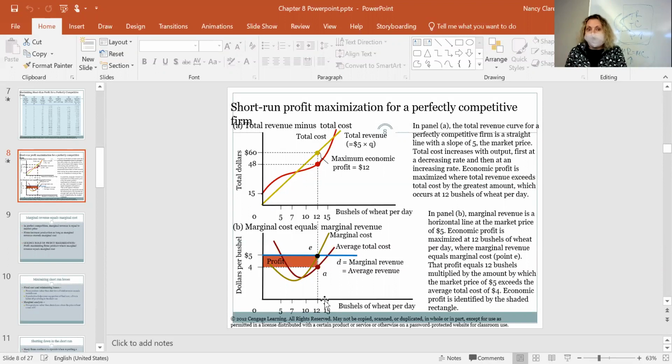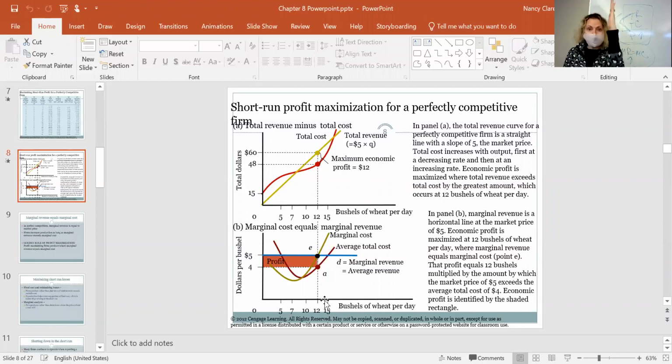So what I would do next is I now know how much I'm getting per unit, right? I know I'm going to produce 12, I know that. I know how much I'm getting because that's actually on my demand curve, right? I'm getting $5 per unit. Now I need to subtract my cost per unit to see what my profit per unit would be.